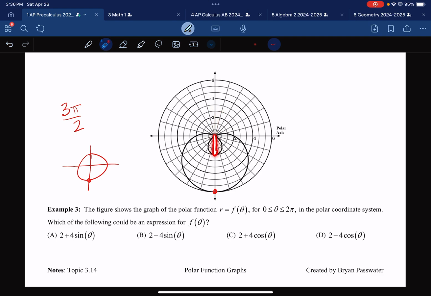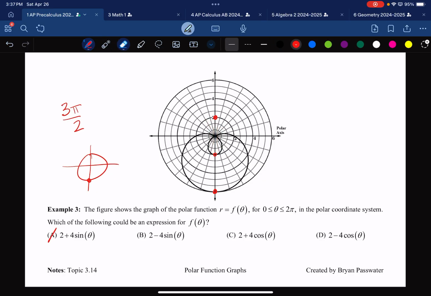So if I point straight down, I was expecting to get either this height or this height. Instead, I got a -2, which meant if I'm facing down, I go 2 backwards to this point right here, which is not on the graph. This is the point that we should have graphed because I was pointing down at 3 pi over 2 and my answer said go -2 for my radius, come back to this point. So A is actually eliminated.